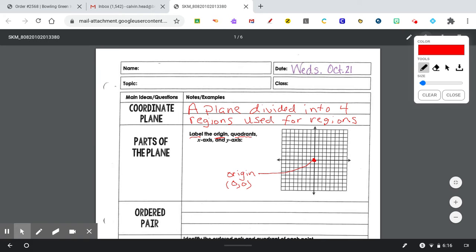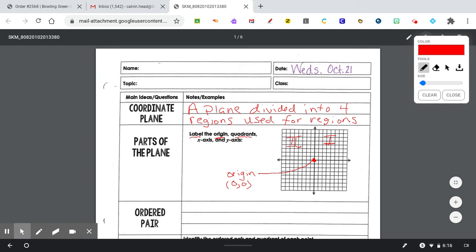Quadrants, this is where it's divided up into four. And it's kind of numbered weird. It's numbered counterclockwise. So the first quadrant is right here, and they use Roman numerals. So this is quadrant 1. Quadrant 2 is to the left. So again, it's going counterclockwise.